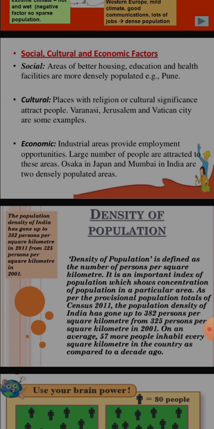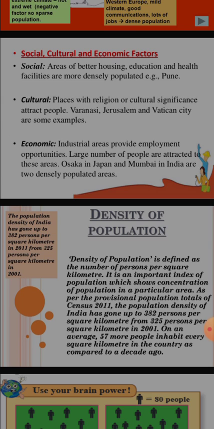Children, some places all over the world have cultural importance, so there also we can find densely populated areas. Varanasi is a very important holy place for Hindus. Jerusalem, birthplace of Lord Jesus. Vatican City also. These are some examples of why the population is more.